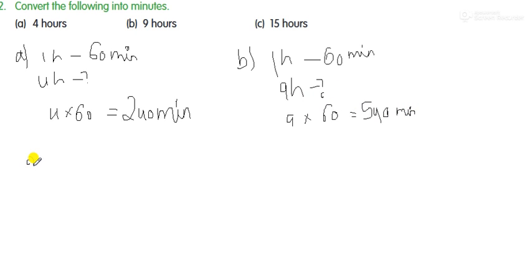Next, the C bit is 15 hours. 1 hour equals 60 minutes. 15 hours equals 15 into 60, which is 900 minutes.